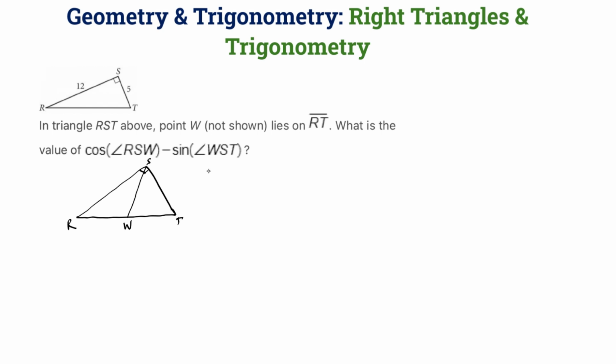And so this SW line segment cuts this angle S, 90 degree angle S, into two parts. So we can say that angle RSW plus angle WST is going to be equal to angle RST, which is the same as 90 degrees.